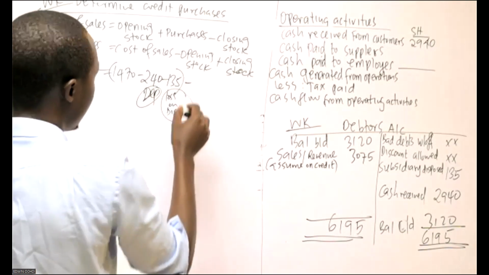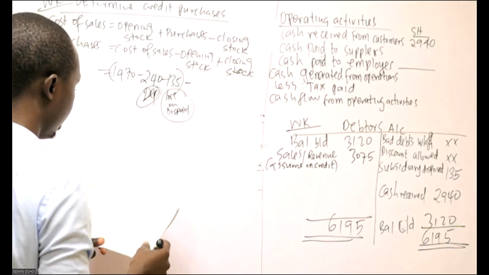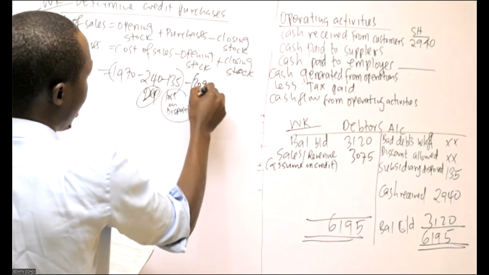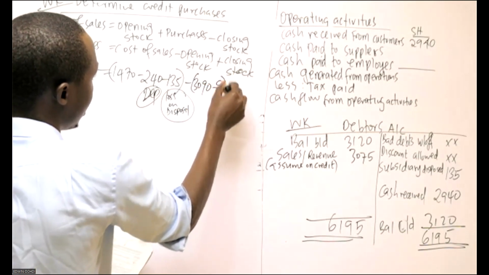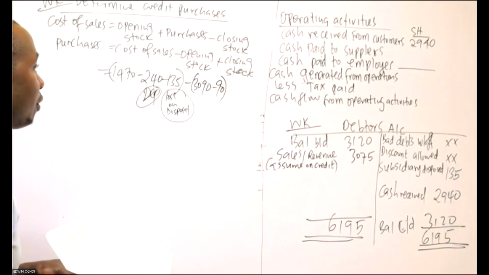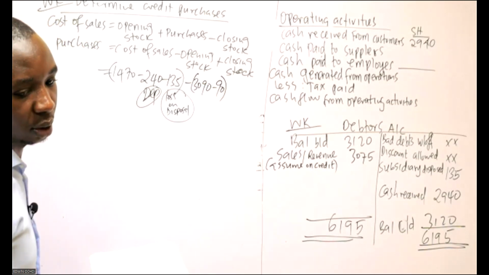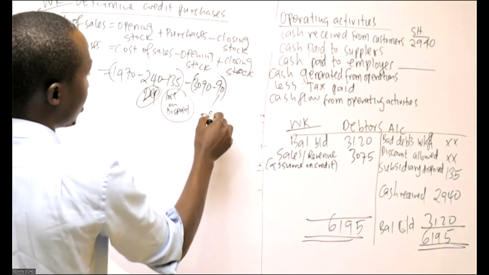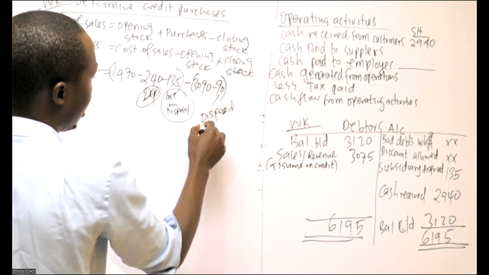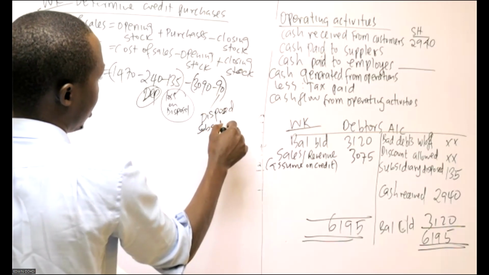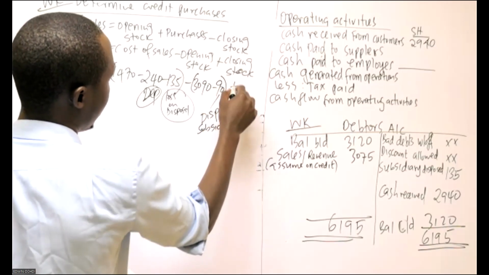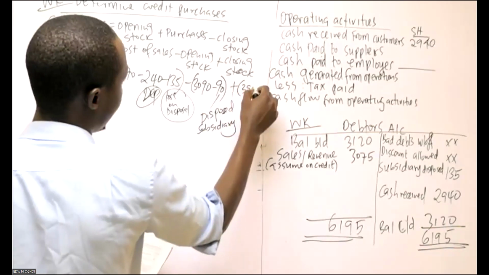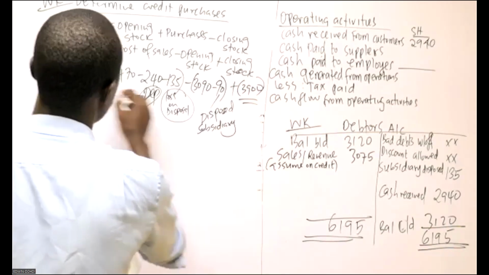So opening stock is the inventory as at 2016, 3090. I will deduct 90, which is the inventory for the subsidiary which was disposed. Then finally, I will add the closing stock, inventory as at 2017 of 3900.